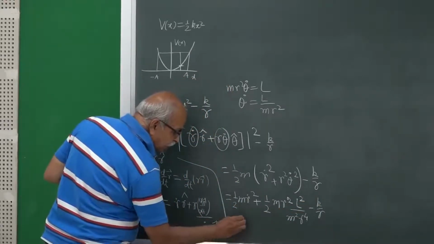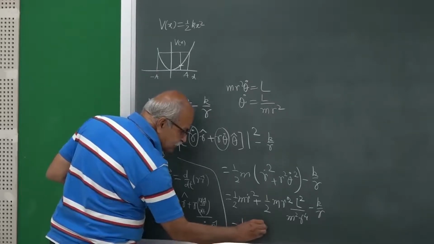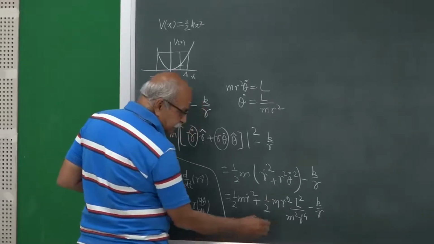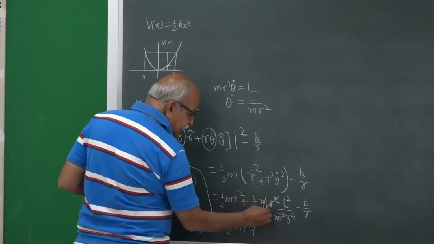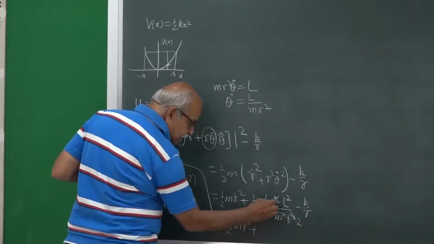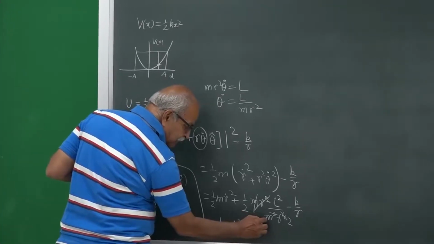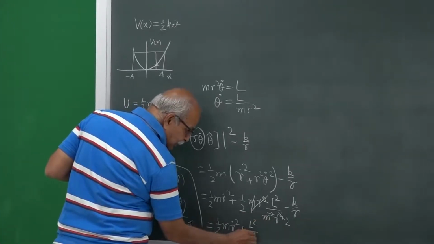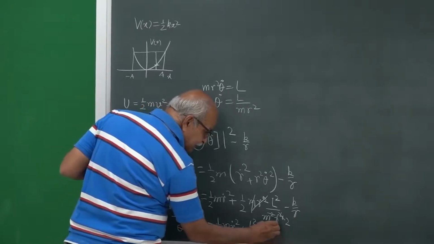So, this is half m r dot square plus, m cancels, and this r square will make it r square in the denominator. So, you have L square divided by 2 m r square, and then minus k by r.